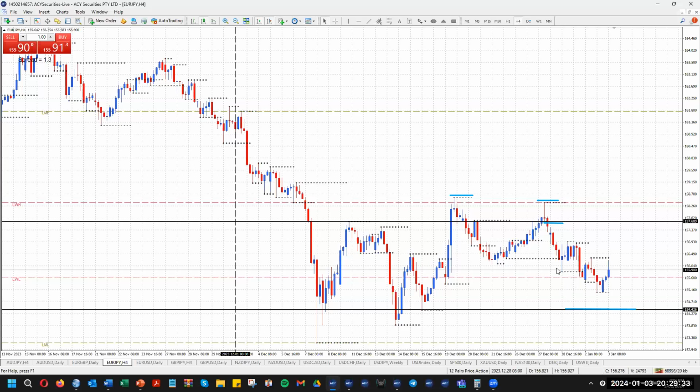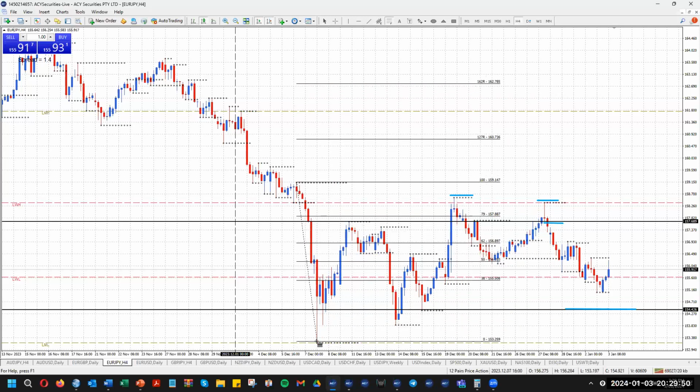Now, for those of you that might understand imbalances, we did have this imbalance form over here to the left. Just to add a little bit of context to what was happening in here, whilst this looks kind of difficult, there was this 4-hour move down, and there's this imbalance that started to fall down through here.